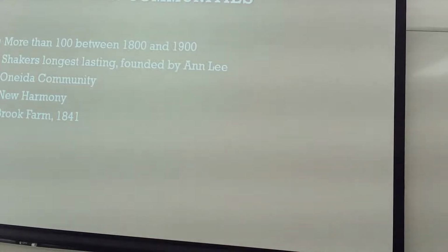He had about 200 people by 1850, but they practiced something called complex marriage, where everyone in the community was married to everyone else. So monogamy was not practiced, because you could be with anybody that you were married to, and you're married to everyone.